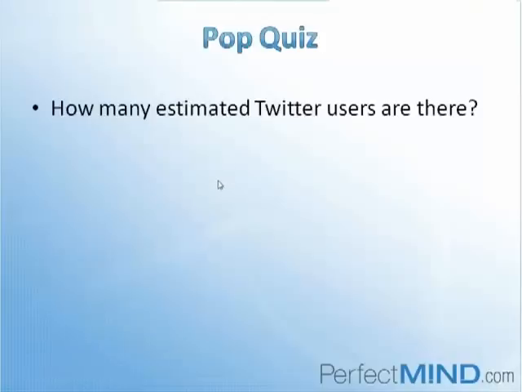We're going to do another pop quiz before we get into the layout of Twitter. Again, without using Google, give a guess as to how many estimated Twitter users there are out there. All right, Denise. Good. So there is an estimated 300 million users on Twitter, and it's actually coming close to 400 million.